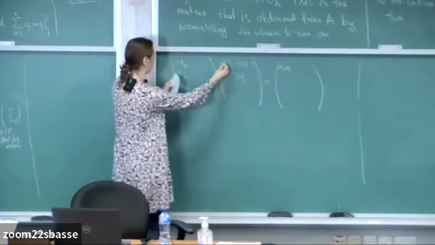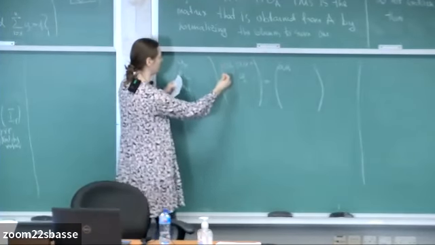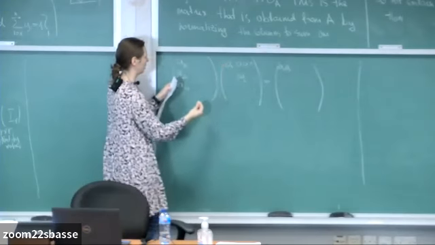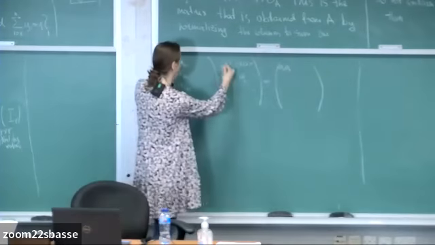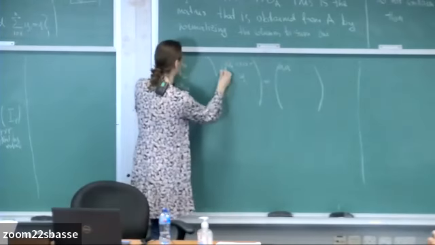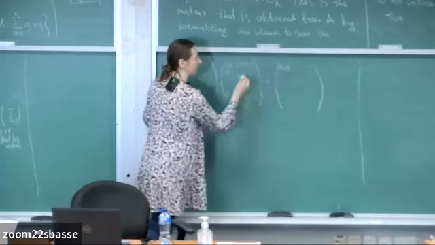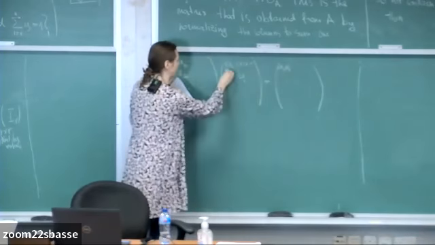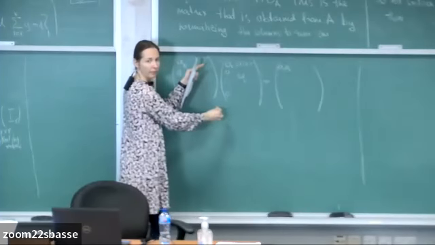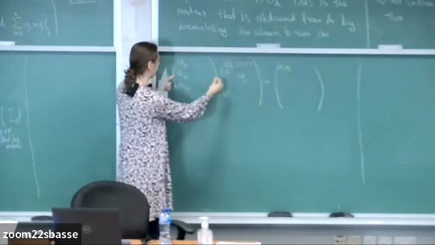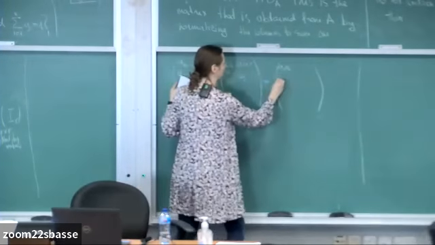Well, no, the first row in A gets multiplied by the first column in DA. Yes, but this is all zeros. So this entry will be A11 θ1, because here everything is zero, right? Oh, okay, sorry.